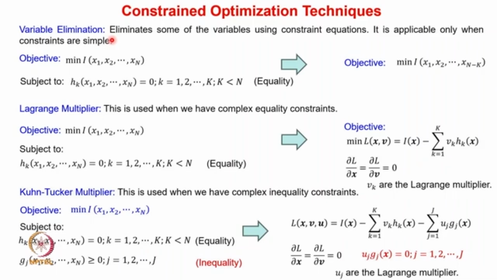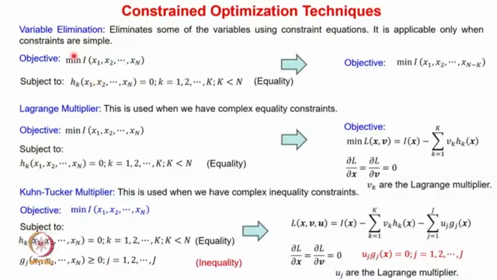But if you are looking at a large number of constraints and these are nonlinear in nature, replacing some of the variables using these constraints is not easy, isn't it? Basically, in variable elimination, the constraints are embedded directly in the objective function by replacing some of the variables, and therefore my objective function is now a function of x1, x2, all the way to xn minus k.